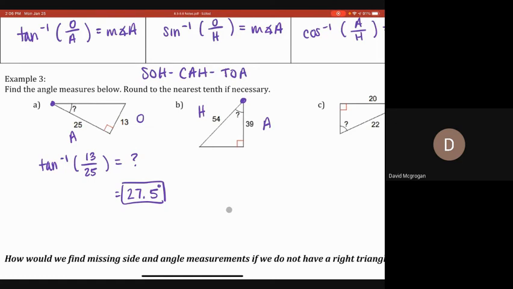Yep, and we're looking for an angle, so this is going to be inverse cosine of 39 over 54. I'm just going to put equals question mark. You can do it all in one step if you want. So inverse cosine 39 over 54. Logan, what'd you get? 43.8 degrees. Good.